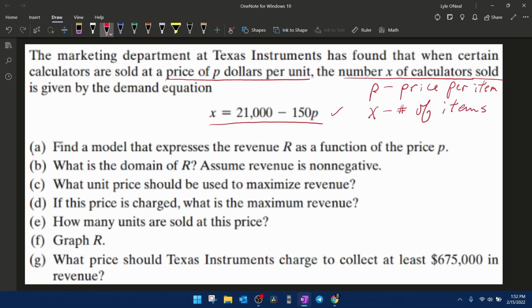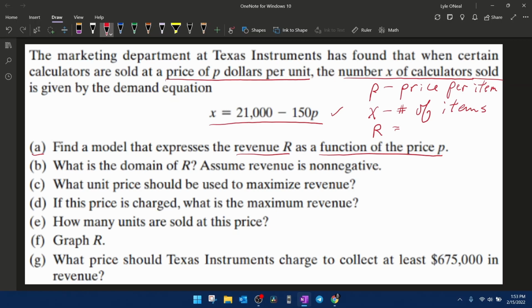And if we read part A, it says find a model that expresses the revenue R as a function of the price. So if you think about what revenue is, how much money you make, that is calculated by multiplying the cost per item times how many items you sold.